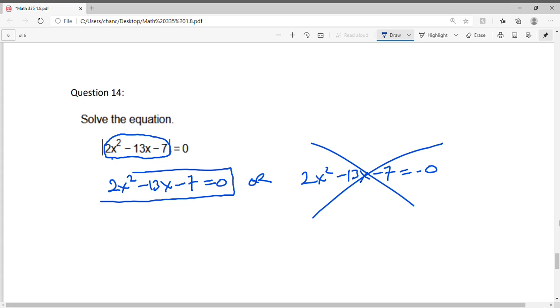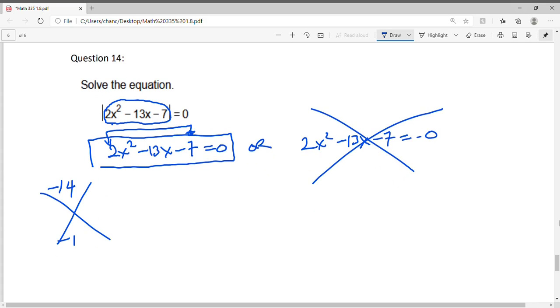So we'll just focus our attention on this. And we know how to solve this. This is just the factoring technique. So let's put negative 14 on the top. 2 times negative 7 is negative 14. And we're looking to add up to negative 13. So the two numbers are 14 and 1, but this has to be a negative 14.